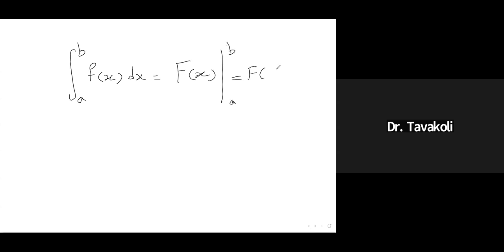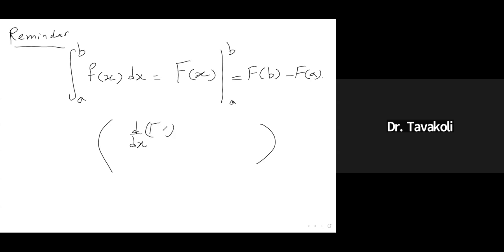We'll have F of b minus F of a. So capital F is an antiderivative of lowercase f. So this is just a reminder of Calc 1. Remember that the derivative of capital F of x is lowercase f of x.